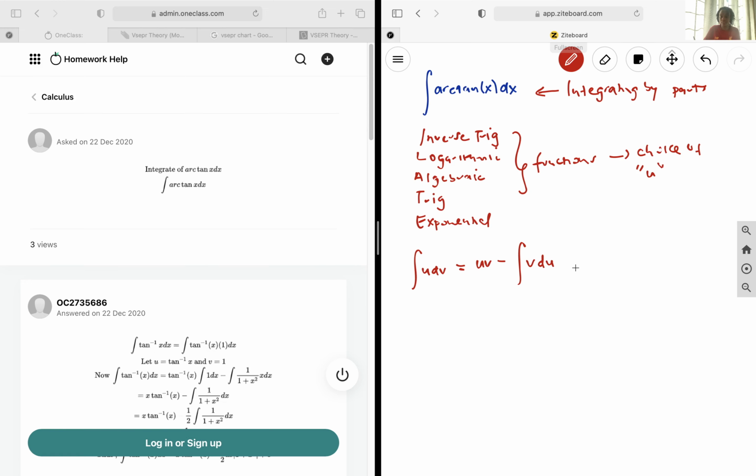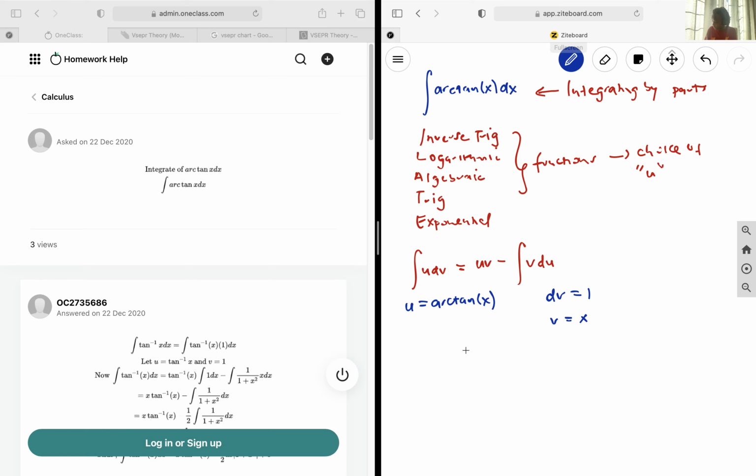So v du. And so we see an inverse trig is the first thing that pops up, which means obviously our u is going to be equal to arctan x. Our dv is going to be equal to 1, which means v itself is equal to x.